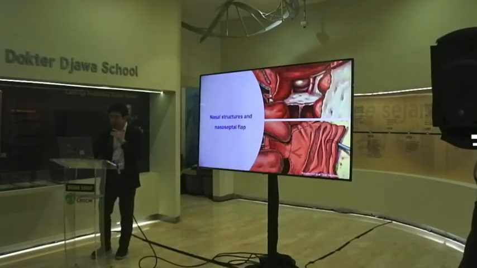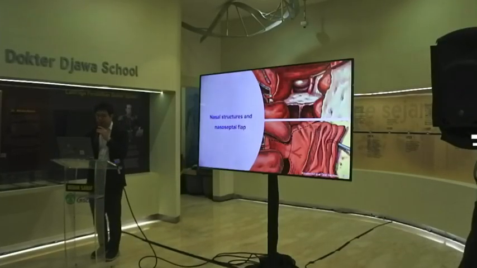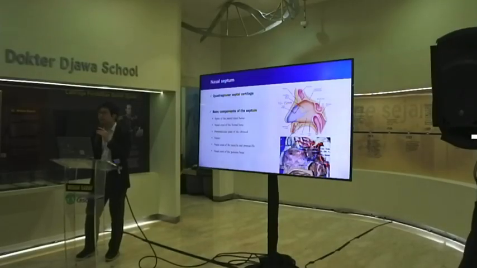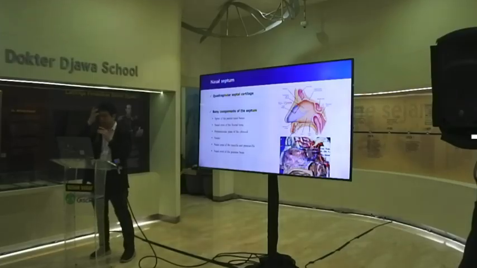This next section of the presentation will cover the key nasal structures and the use of the nasal septal flap. The nasal septum is a critical structure. It has both cartilaginous and bony components. The bony component includes the perpendicular plate of the ethmoid, the vomer, and parts of the frontal, nasal, maxillary, and palatine bones.